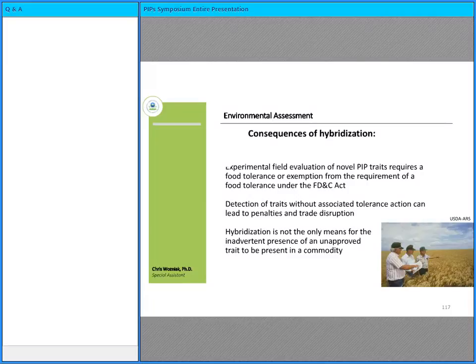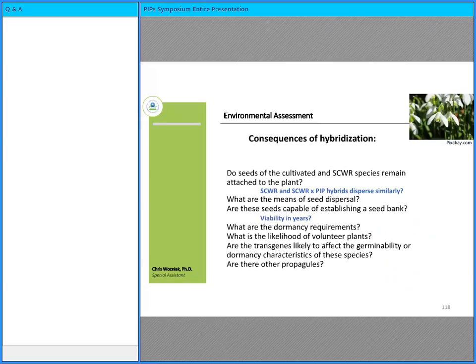In addition, as we know, there are other methods for unapproved presence, adventitious presence of seeds and grain things, and I think we've all seen some horror stories on the trade issues where these have basically ended up in large shipments getting rejected and fines being imposed.